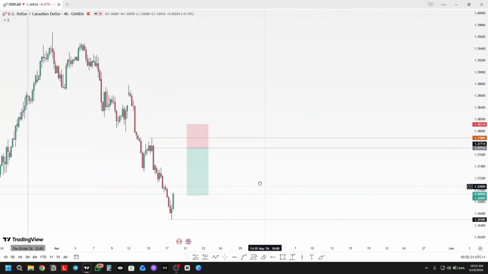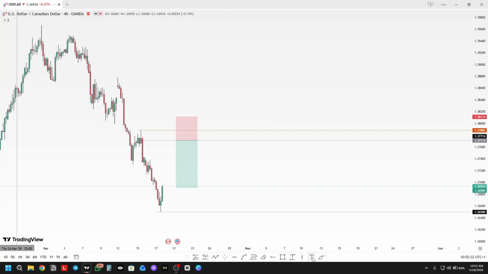So let me type it for you guys. So the first thing is get a trend on the daily time frame. Second is adjust the date range.